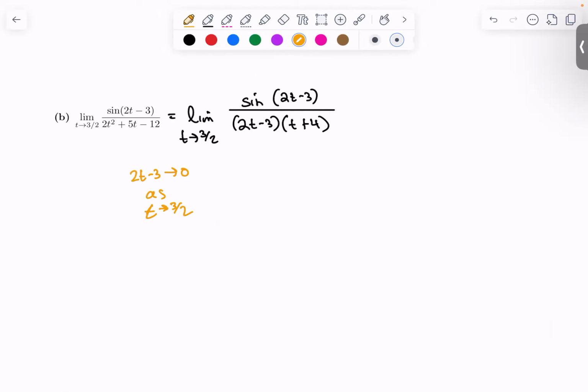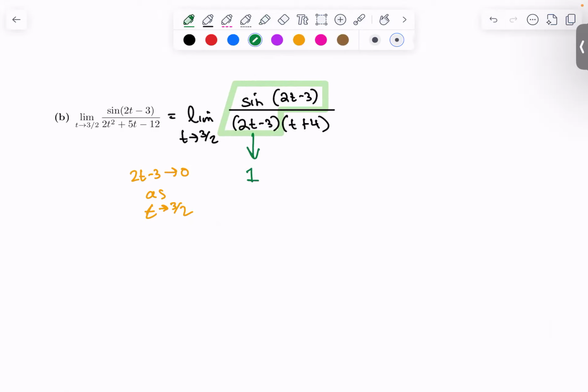So it fits into the theorem that we want. In particular, this piece right here. Yeah, I totally wanted to do an oval. There we go. This piece goes to 1.